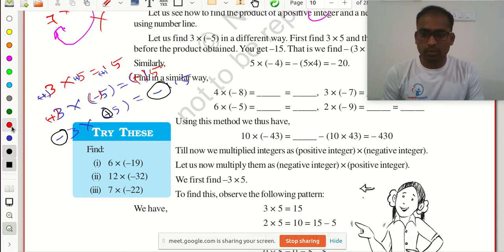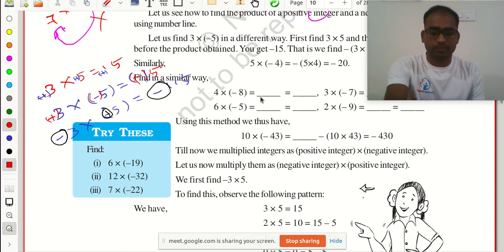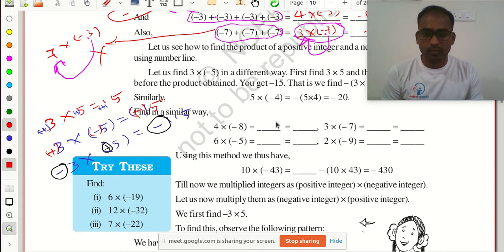So now you just answer me for this one. Minus 32. In a similar way, 4 multiplied with minus 8, I can write this as minus 32. Yes, minus 32. And this, sir, in which way can I write?